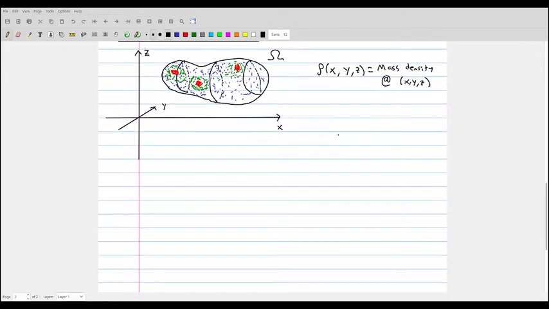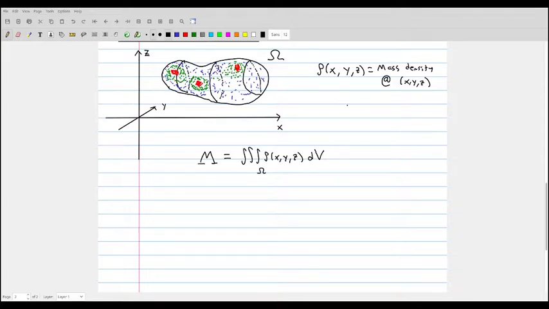So using Riemann sums, just like before in our definition of the triple integral, we can directly show very clearly that the total mass contained in the object omega is going to be exactly the triple integral of this mass density function over the domain omega. The justification of this comes directly from the Riemann sums.